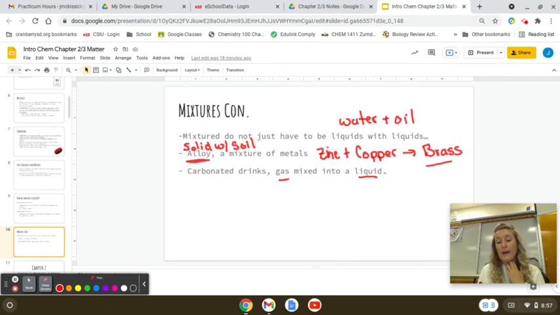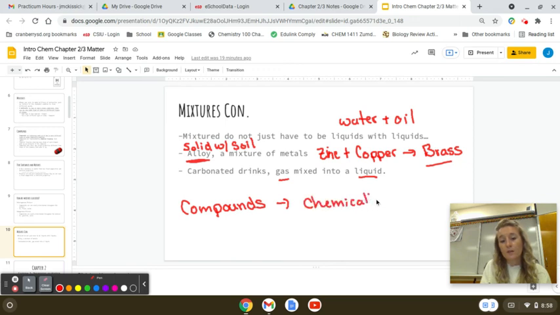One more thing I want to add before I let you go today is how we separate mixtures versus compounds. So compounds are combined how? Physically or chemically? Chemically. Whereas mixtures are combined how?